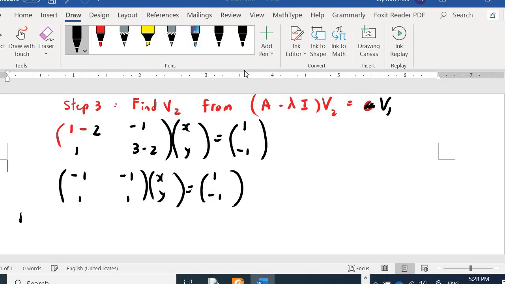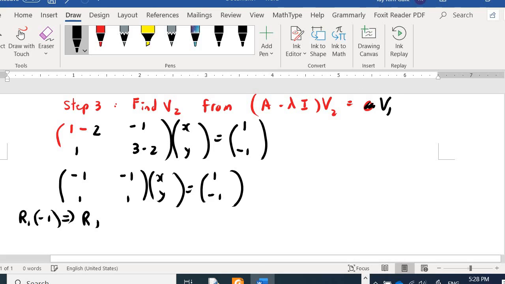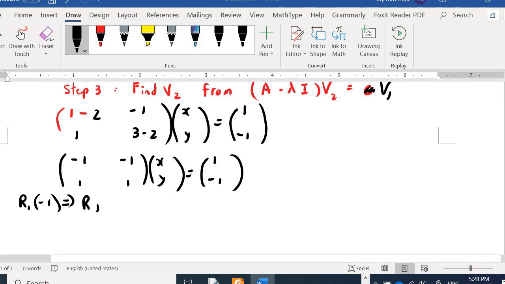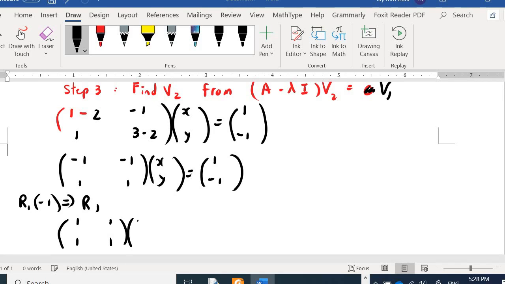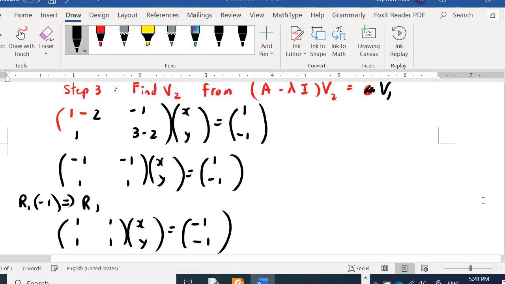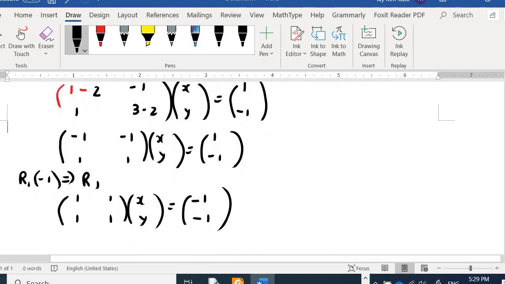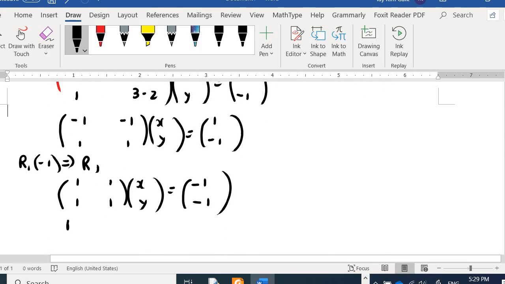Just now we multiplied row 1 by negative 1, so we use the same operations. You get 1, 1, 1, 1, x y equal to negative 1, negative 1. Again, you can see row 1 is equivalent to row 2.